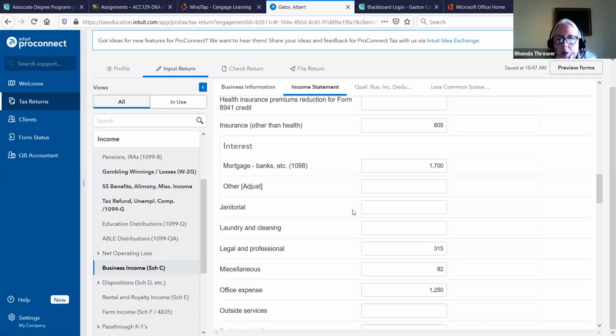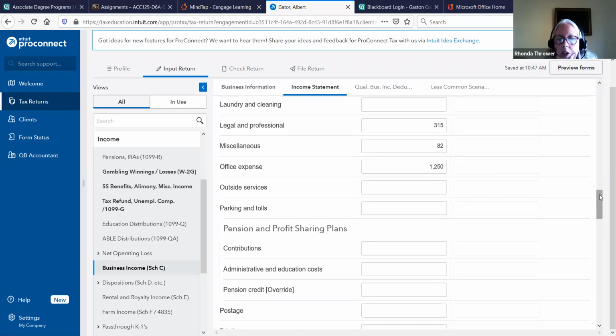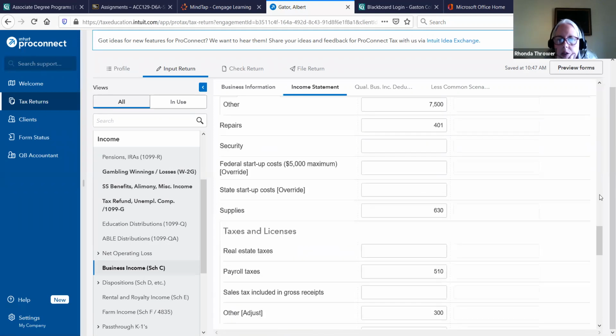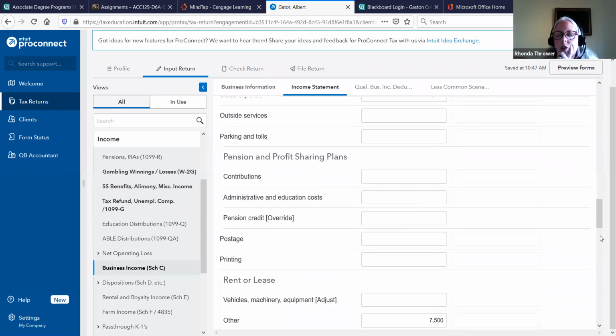And so license is entered on down this form down here under taxes and license. And right here under other, that's where I put that license, that $300 amount for license. The other 600 you don't record.